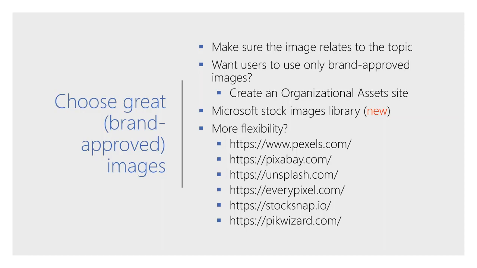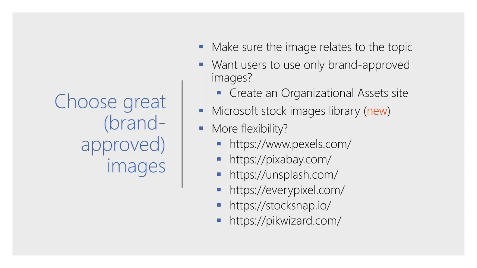You can just create a regular SharePoint site. I'll give you a very good suggestion for the name. Call it org assets and create document libraries in that site, and those libraries are where you want to put your brand images, and create a separate library for logos.